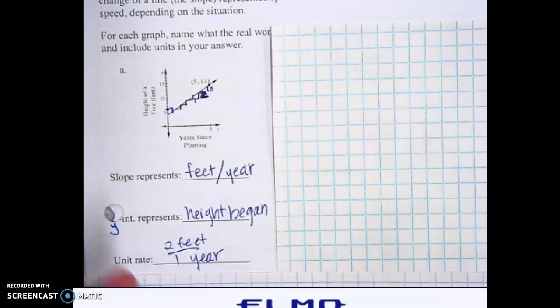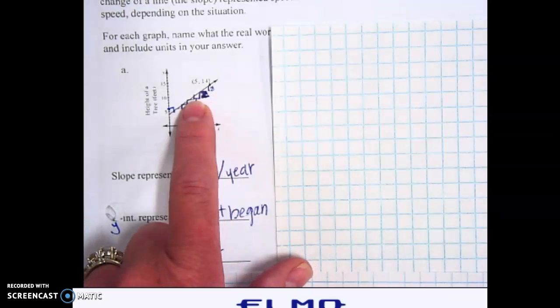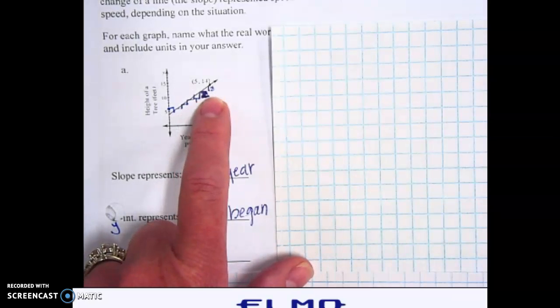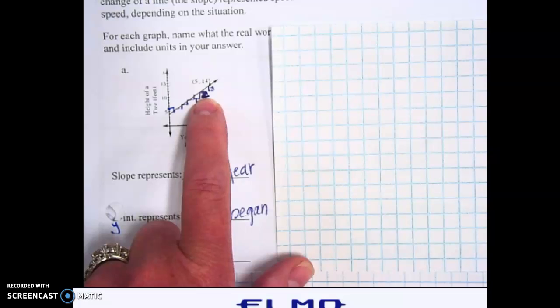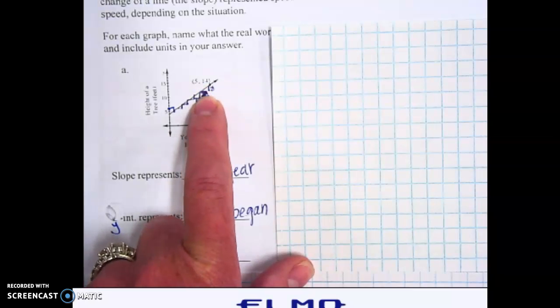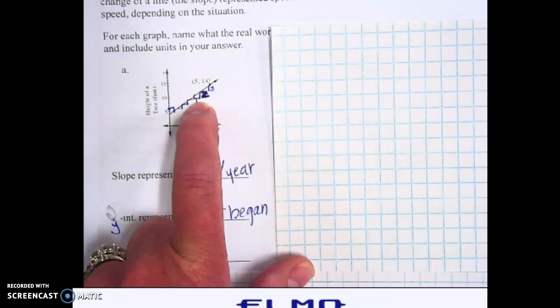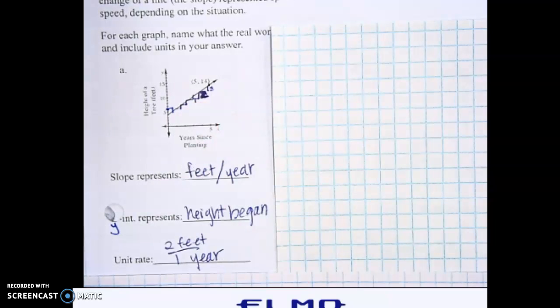What is this particular one growing by? It's growing up 2 to 1. So if you draw a little slope triangle in there, you're going to write 2 to 1. So it's changing in the y value by 2 feet for every 1 year. Okay? Any questions on graph A?